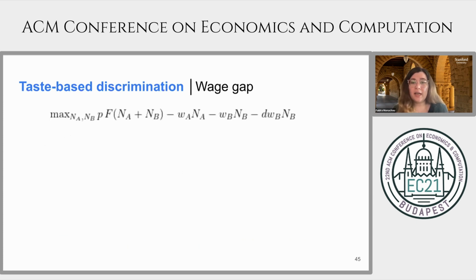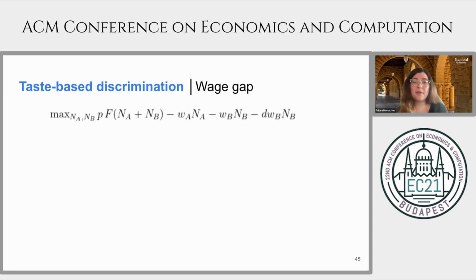So here again is the optimization problem of the employer. The employer needs to choose how many workers in A and B to hire from each group. Observe here a small detail: in terms of profit, the first term here, the employer doesn't really care what group the workers belong to.